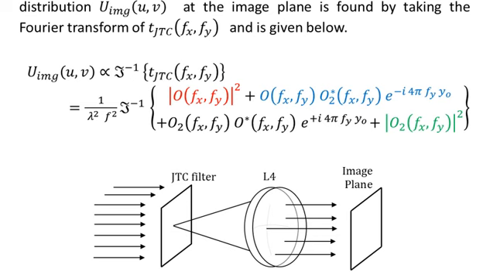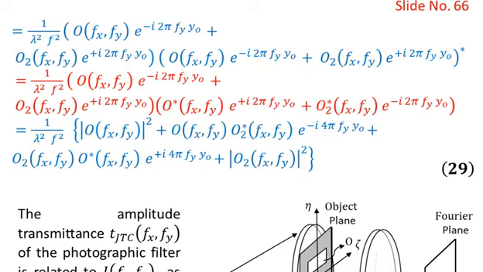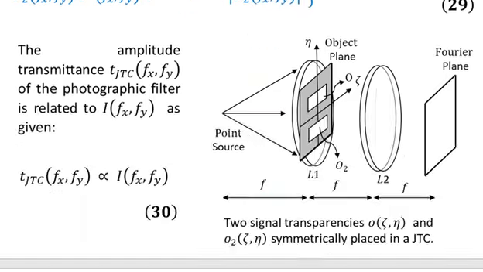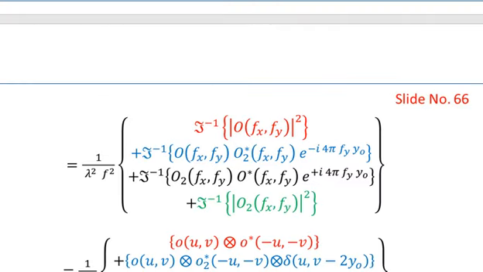So we have plugged in the value of intensity from the last step of equation number 29 over here, and we have the inverse Fourier transform operator outside this curly bracket. This inverse Fourier transform operator will operate on each of the terms within the curly bracket, which we show next. So you see that this inverse operator is operating on all these four terms.